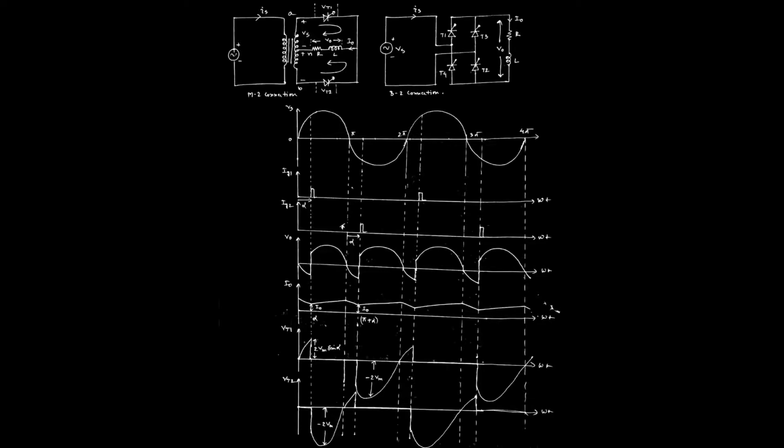That is why, in the conduction from alpha to pi, due to the presence of the inductor, the current gradually increases from its lower value I0 to a particular value, say I01. Then the inductor starts discharging in the region from pi to pi plus alpha, and the inductor gets discharged.